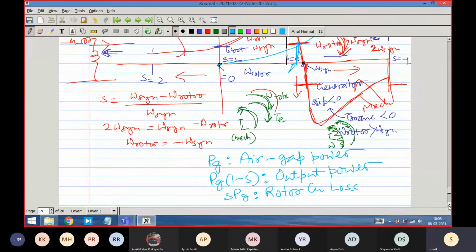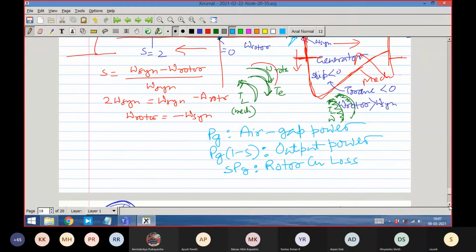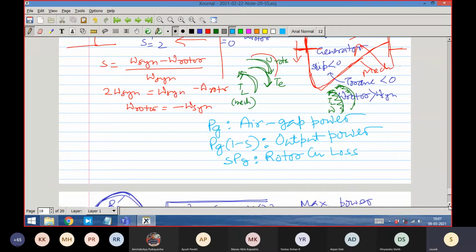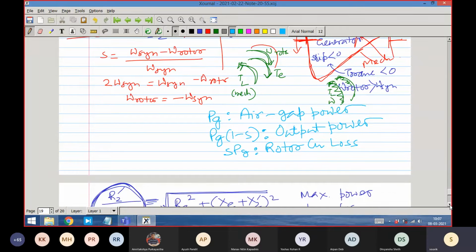So you see, the torque is PG by omega synchronous, and omega synchronous is constant.